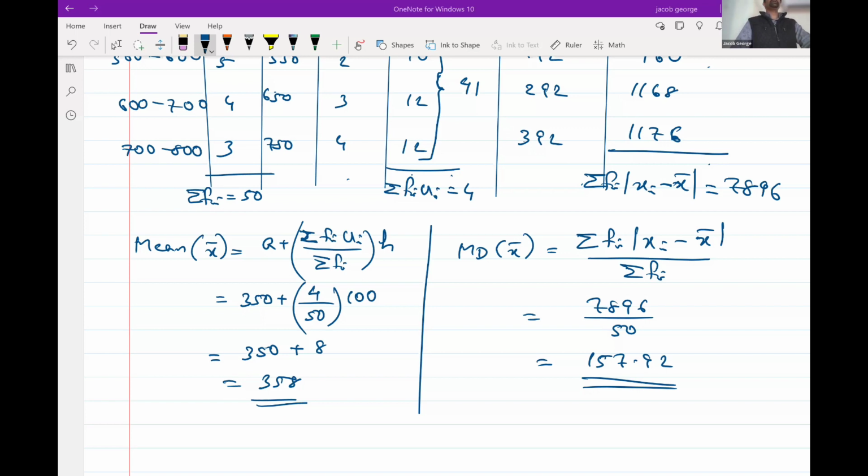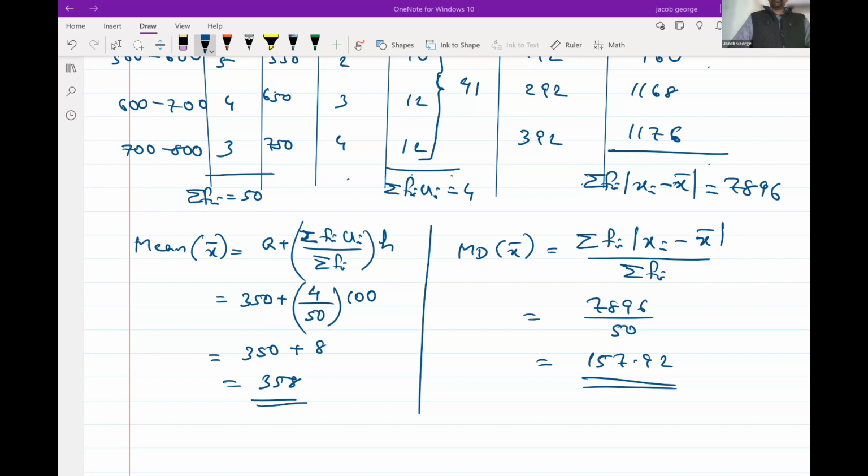The same way, we have one more, mean deviation about median. Median, ungrouped data, grouped discrete, and then grouped continuous. Last year, you have studied how to calculate median. So the same calculation we do.